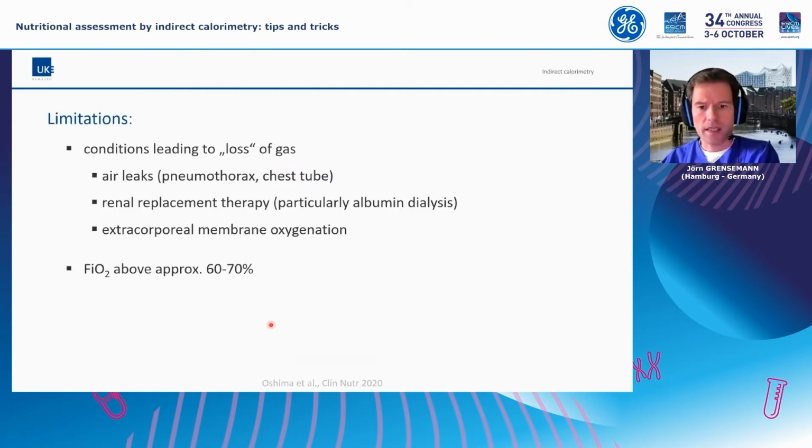All indirect calorimeters have some limitations. Conditions leading to a loss of gas apparently hamper the measurements, like air leaks, pneumothorax, chest tubes, then renal replacement therapy, especially liver support therapy with albumin dialysis, which removes carbon dioxide from the patient by the extracorporeal circuit, and extracorporeal membrane oxygenation obviously removes gases.